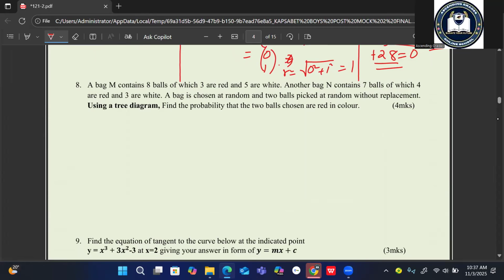Using a tree diagram, find the probability that the two balls chosen are red in color. Since we have two bags, we consider the first bag, bag M, and the second bag, bag N. The probability of choosing bag M is half, and also the probability of choosing bag N is half. So begin there.